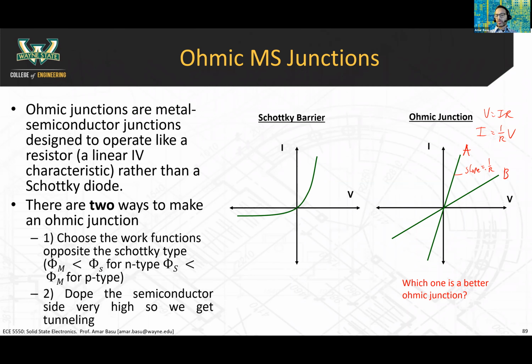Larger slope means smaller resistance. Another way to think about it is that if you look at V equals IR, you want the ohmic junction to be able to support a lot of current I with only a small voltage V. So that's another intuitive way you can look at this plot. Okay, so A would be the better ohmic junction because it has less resistance.